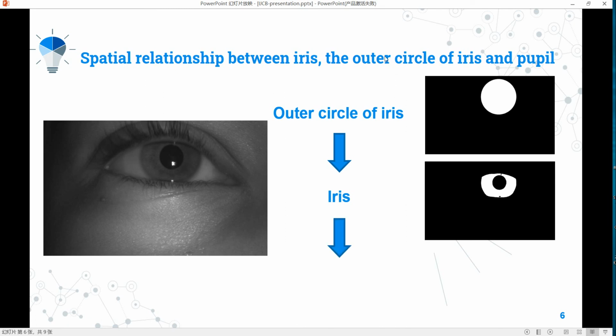The purple is the white part in the middle of the iris segmentation image. The pupil is essentially not the same thing as the iris. Their segmentation diagrams must have no intersection, but they have a strict containment relationship. Therefore, we can know that the outer circle of the iris contains the iris, and the pupil is sandwiched in the iris. There is a unique spatial connection among these 3 tasks.